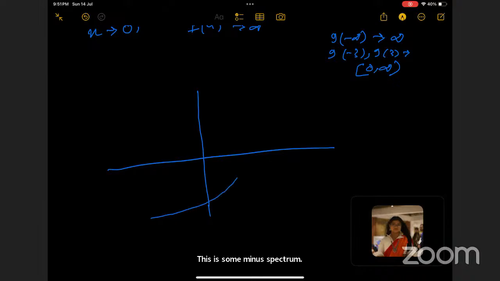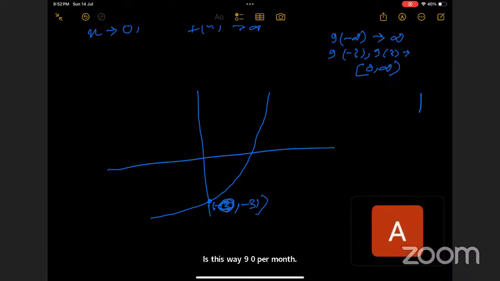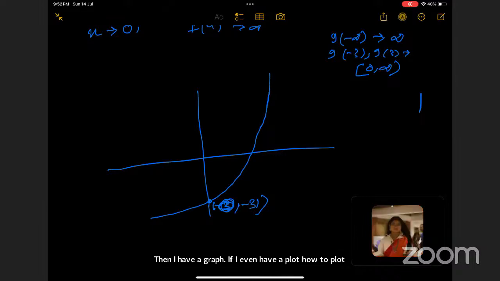The graph should be something like that, right? If I'm not wrong, when x equals 0, this point is y equals minus 31. How to plot minus 31?